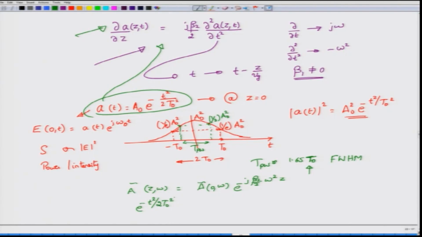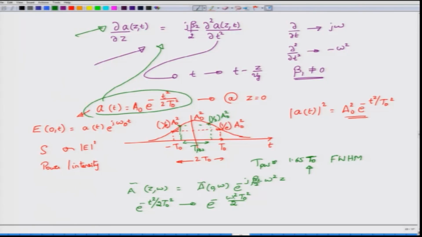Please note that I am not actually transforming the power, I am only transforming the amplitude. Okay. So, this one will have a Fourier transform which is like e to the power minus omega square, and because you had t 0 square in the denominator, this would be t 0 square, and there will be some additional factor out there, I think it would be by 2.